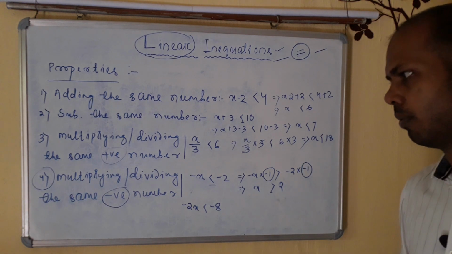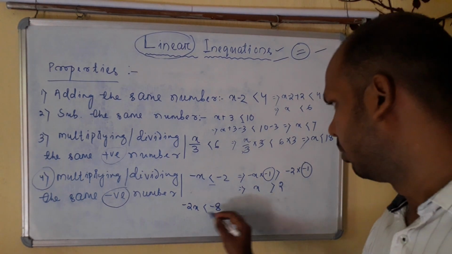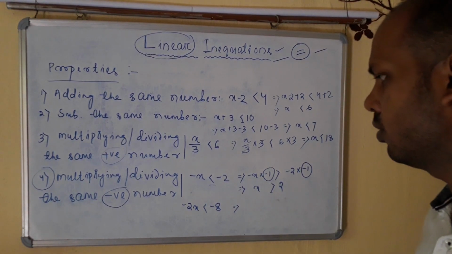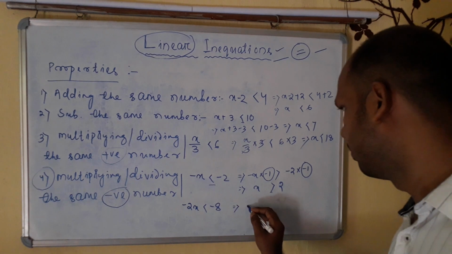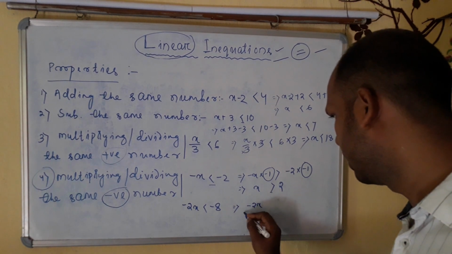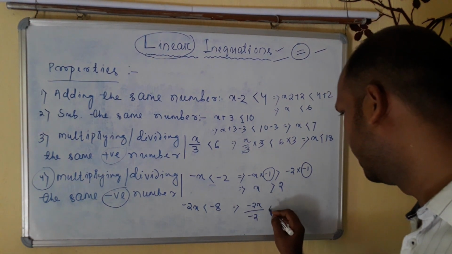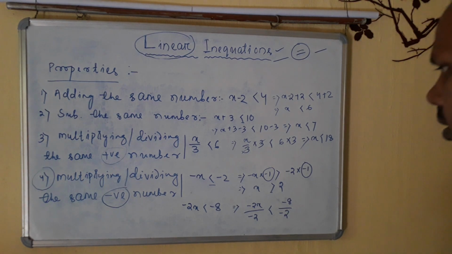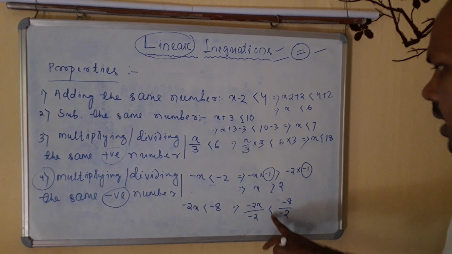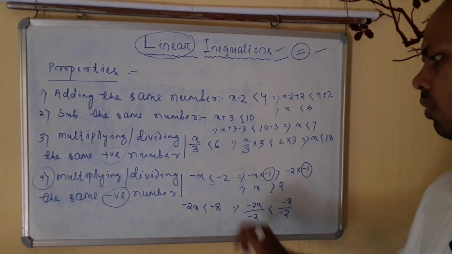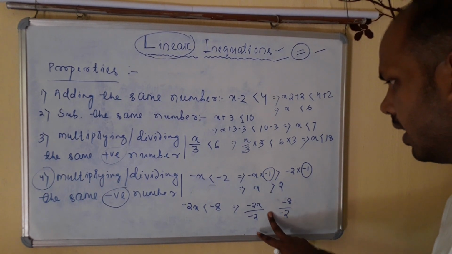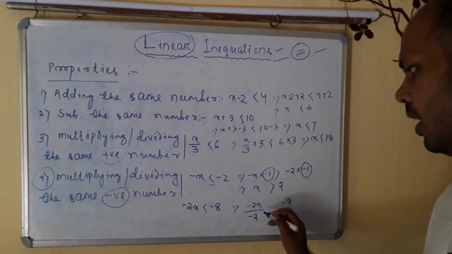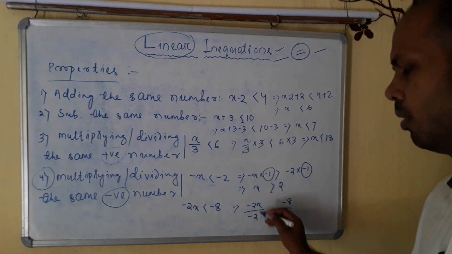Okay. Now another example, minus 2x less than minus 8. If I divide by minus 2 on both sides, minus 2x by minus 2 less than minus 8 by minus 2. Here the less than sign will change to the greater than sign. We can't write the less than sign here because we divide by a negative number.